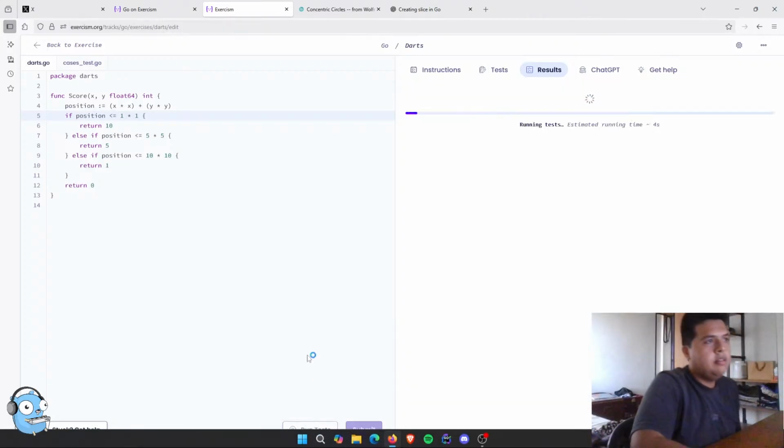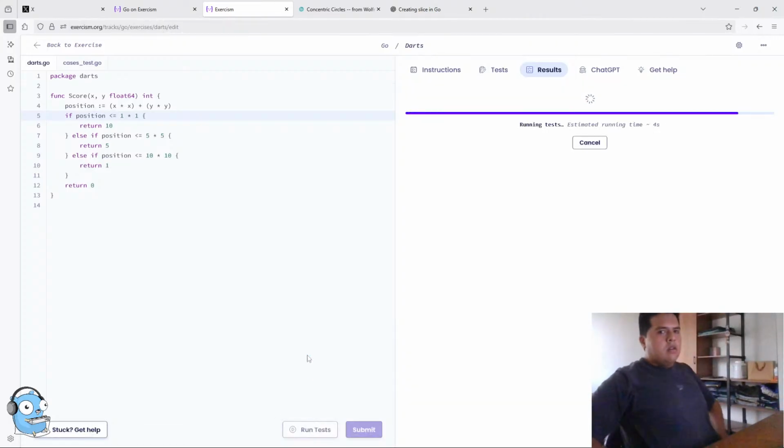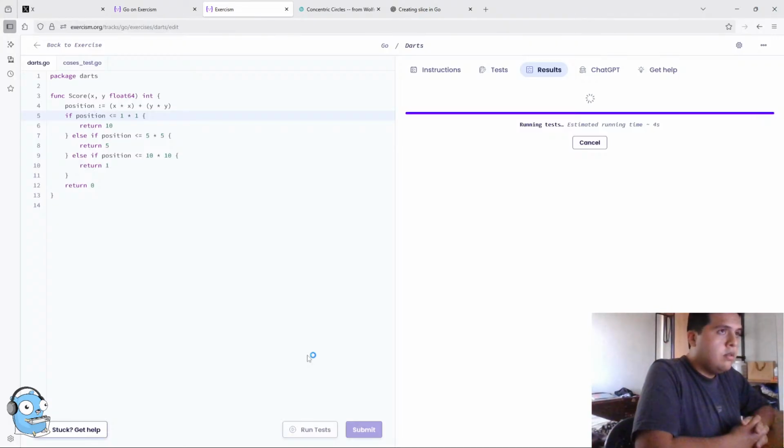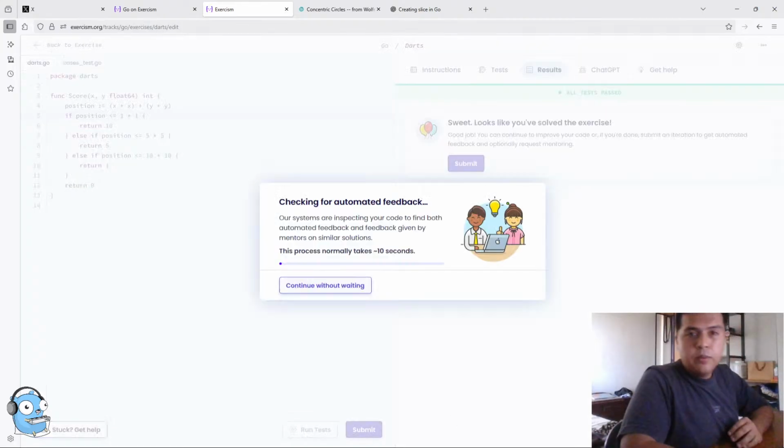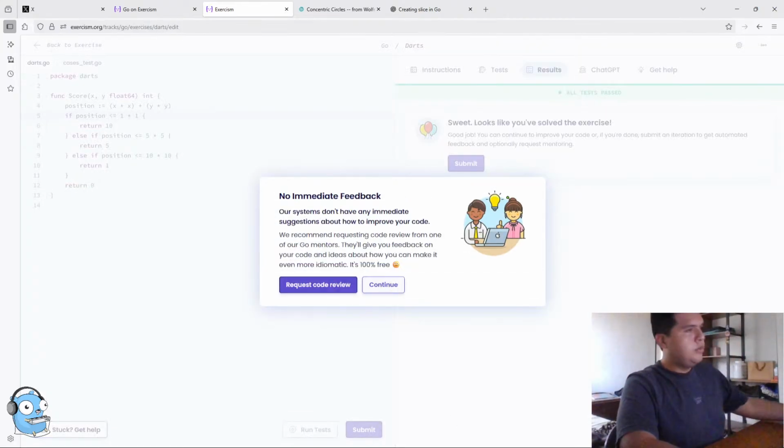Yes, a 10 will work. And now it works. Now wait a second, I want to go recharge my water.